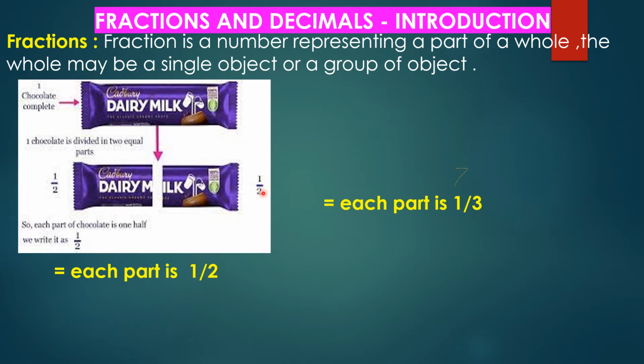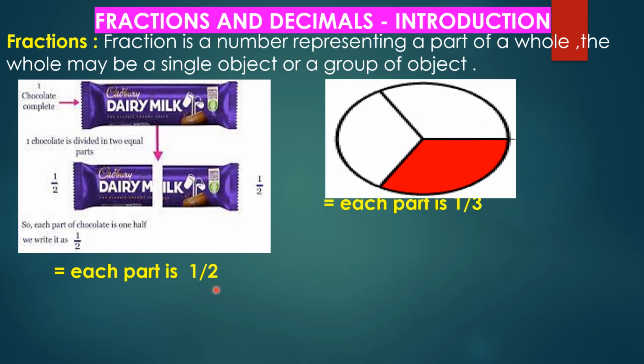And 1 by 2 is nothing but a number, and it is also called a fraction. A fraction is a number representing a part of a whole. So 1 by 2 is representing a part of a whole. Therefore, here each part is 1 by 2.